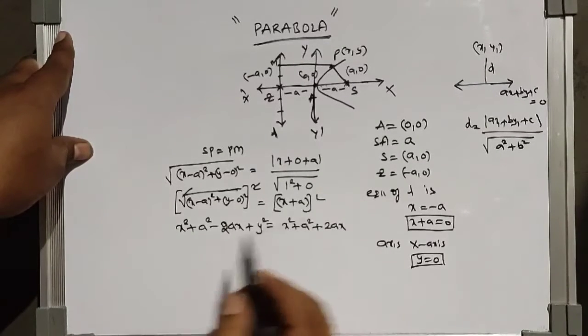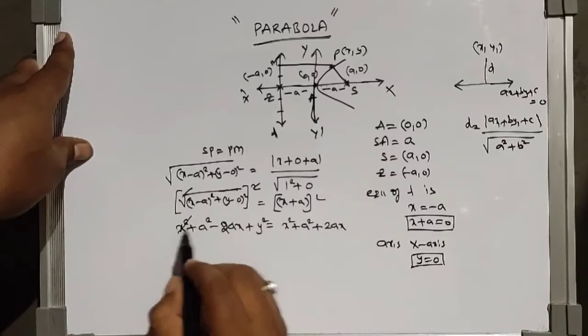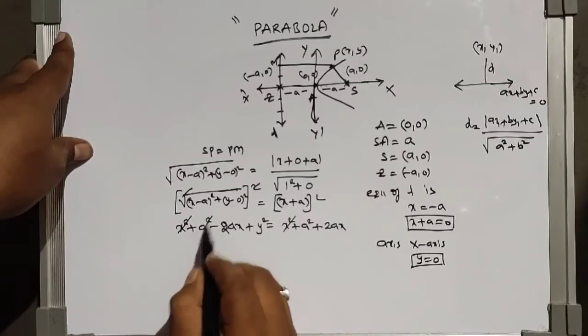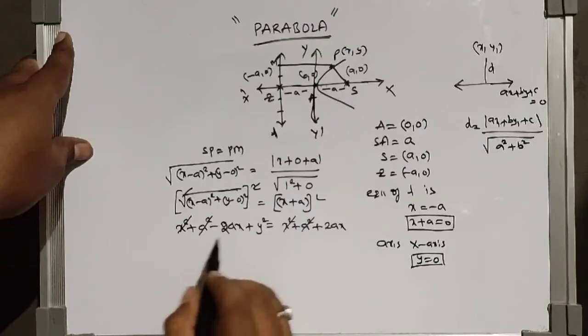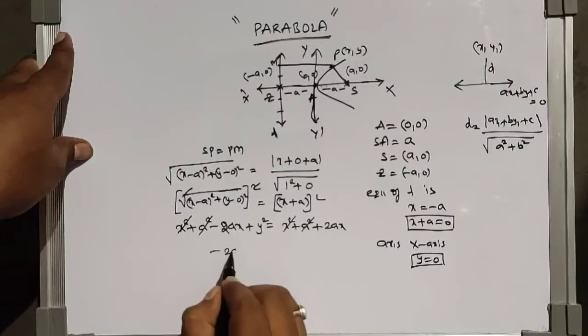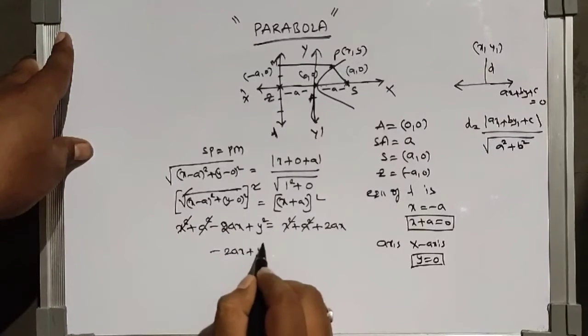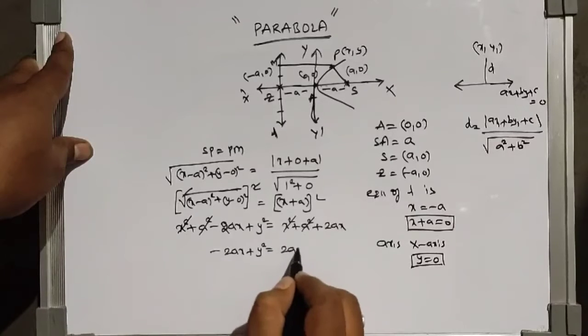If you observe here, x square gets cancelled, and a square gets cancelled. We get 2ax minus 2ax plus y square is equal to 2ax.